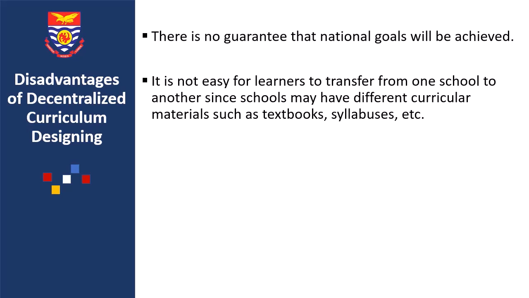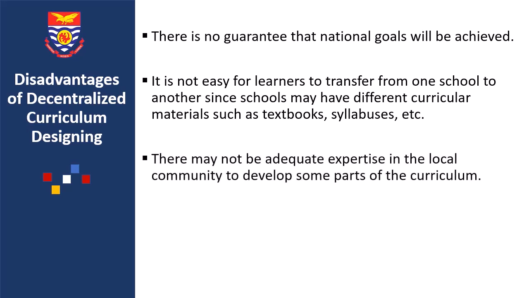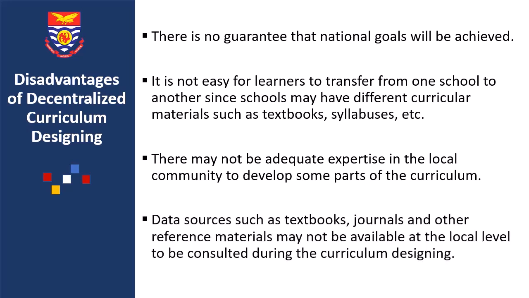So if a learner wants to move from one district or state to another state, the learner will realize that the content in physics in state A is different from the content in state B. And there may not be adequate expertise in the local community to develop some parts of the curriculum. And finally, data sources such as textbooks, journals, and other reference materials may not be available at the local level to be consulted during the curriculum designing process.